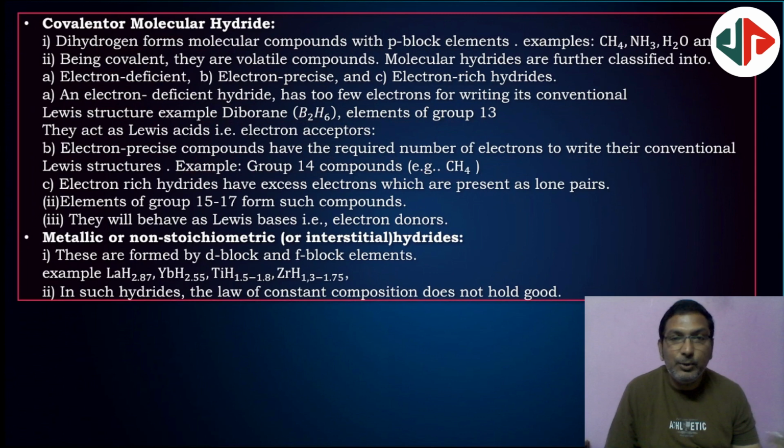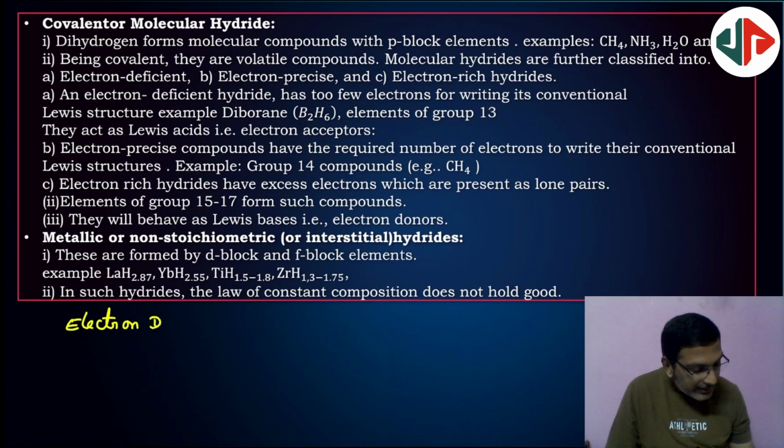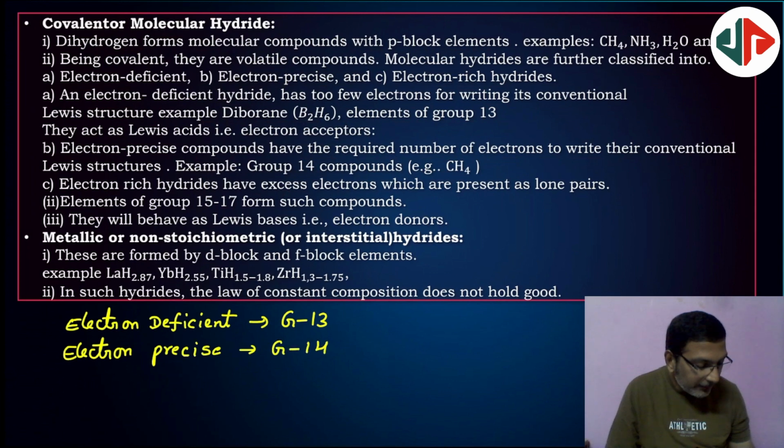Electron deficient hydrides are formed by group 13, and electron precise hydrides by group 14.